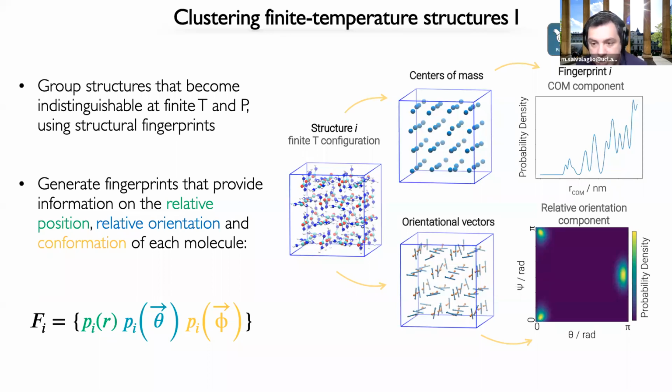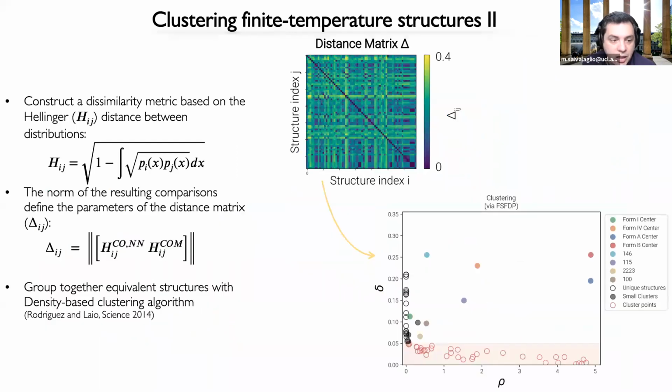And in particular, Nicholas has developed this library that allows to manage and use the fingerprints developed and computed with PLUMED to perform clustering. So once we compute these fingerprints, we define a measure of the similarity between different structures by computing the Hellinger distance, which is a function of the integral of the probability densities.